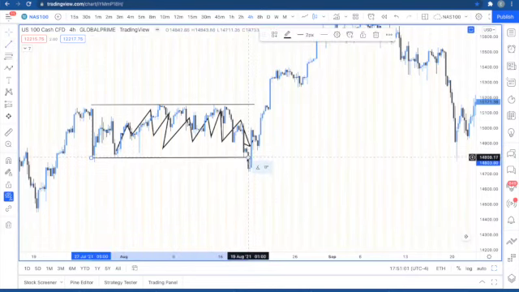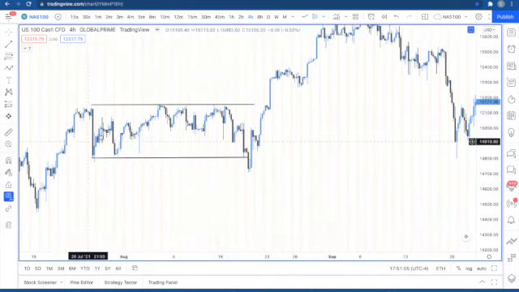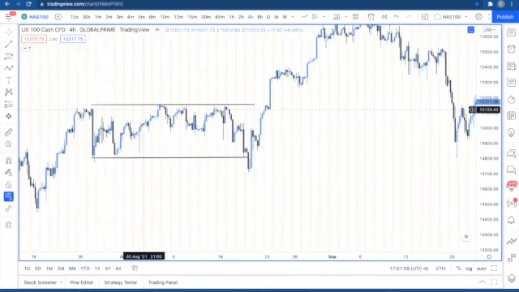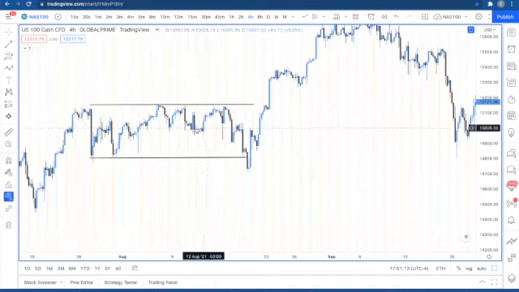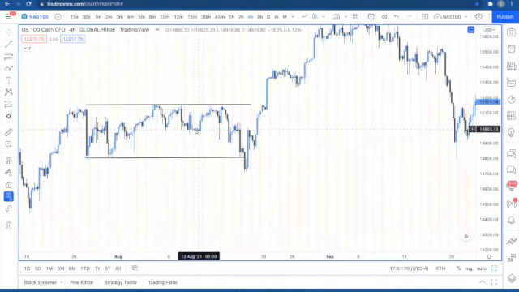So the market is stuck in this range. Price action is moving sideways. You don't know if it's bullish or bearish truly. Now that's not to say that you can't trade this. There are opportunities to trade this in lower time frames, but this is what consolidation looks like.